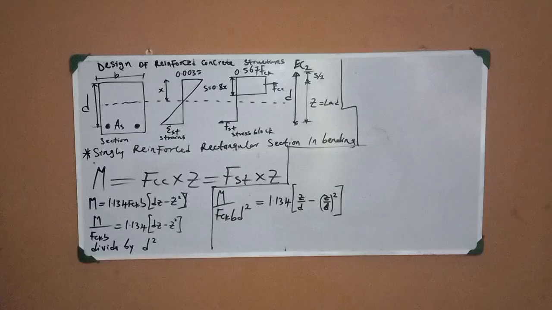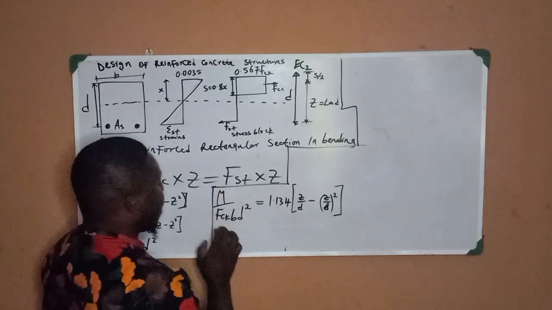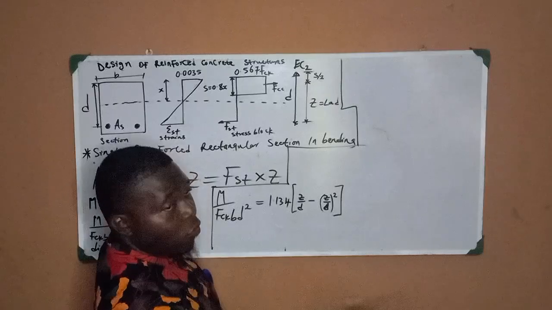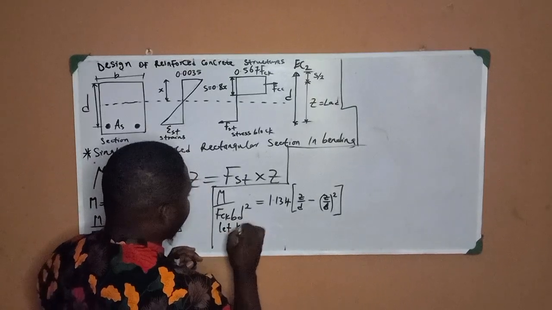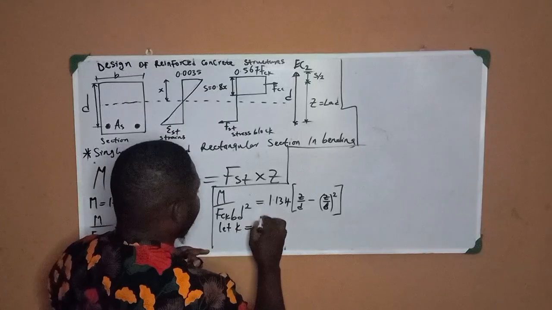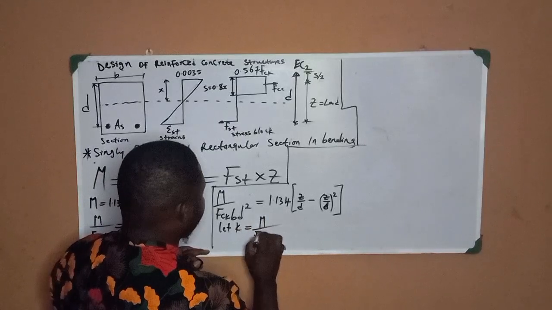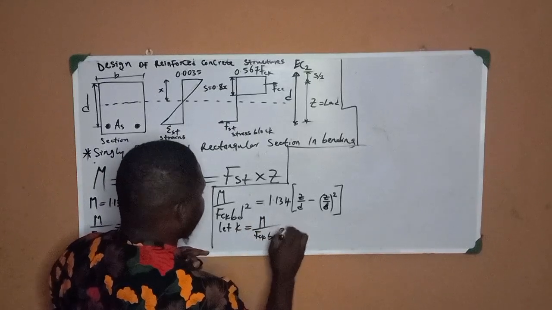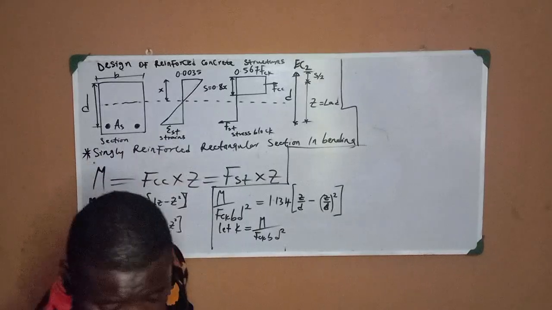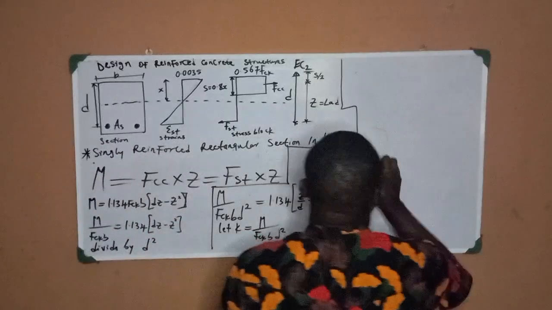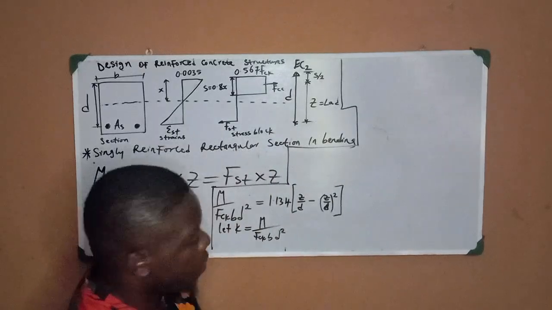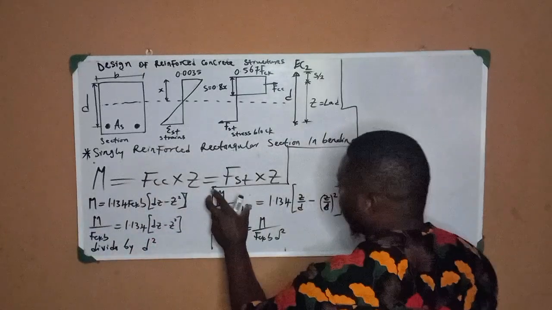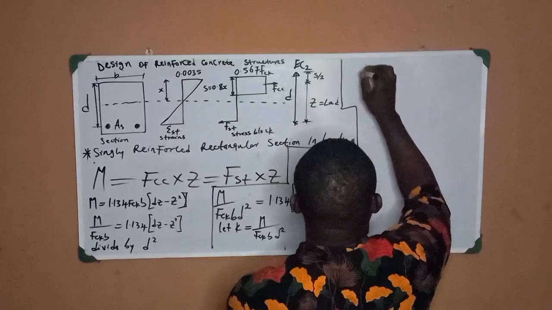So at this point, I can assign the whole of n over fck b d squared to a particular constant. I will say let my k equal n over fck b d squared. This assigning helps us make solving complex problems very simple. Now all the thing we have here is equal to k.